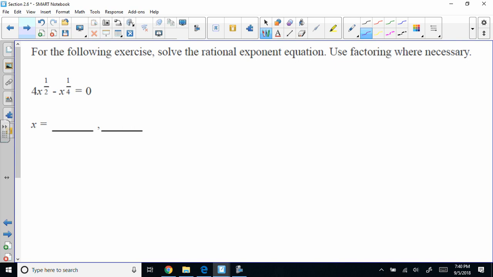Because the linear term's half of the quadratic term, right? Half of half is a fourth, right? So I could do it like a fancy quadratic if I wanted to, and then substitute it back in. Let's see. We can factor out x to the 1/4 if you want to. No?